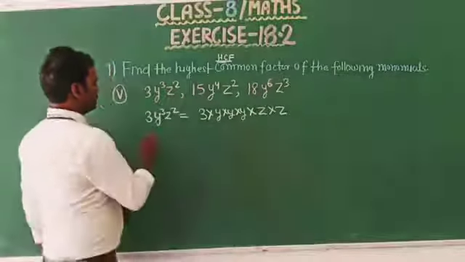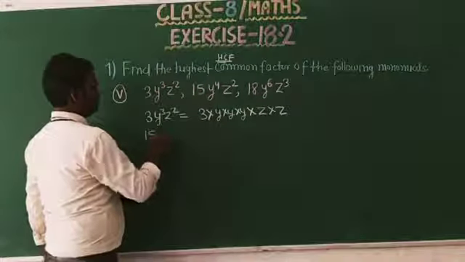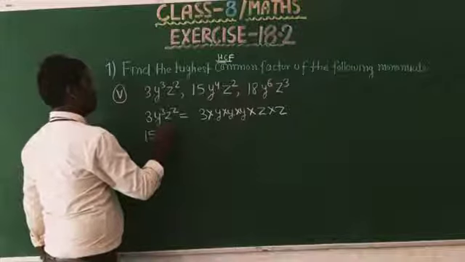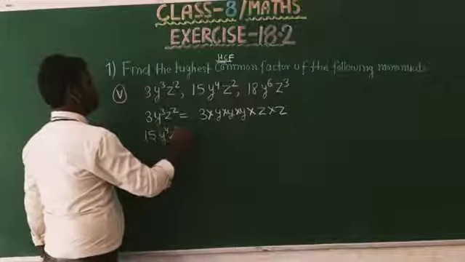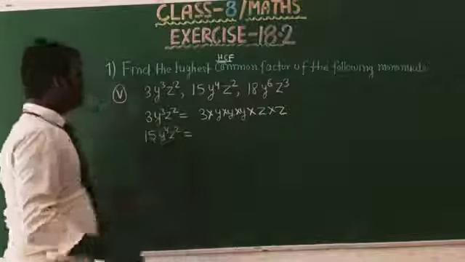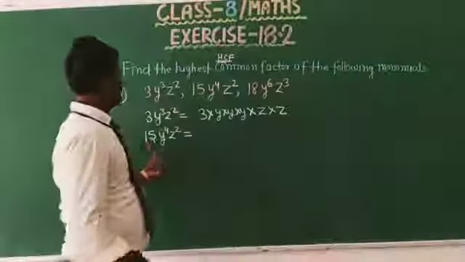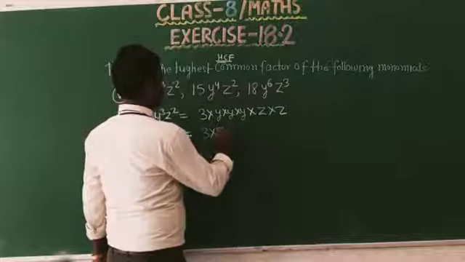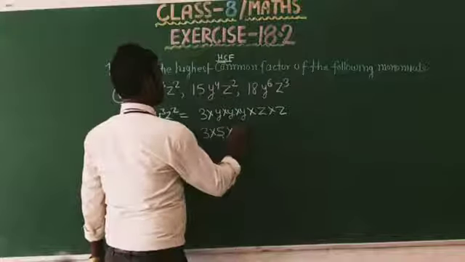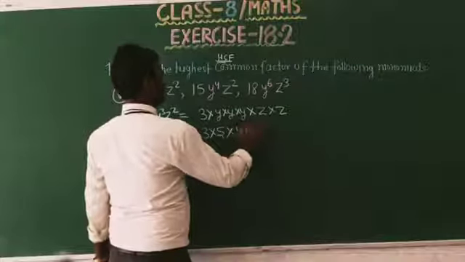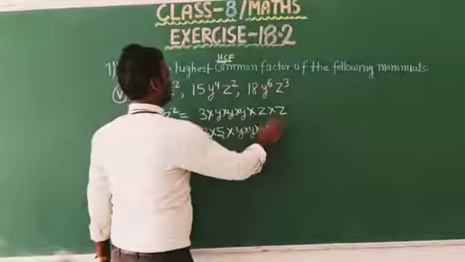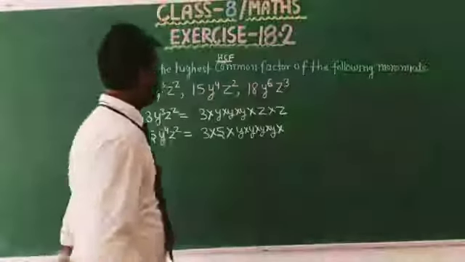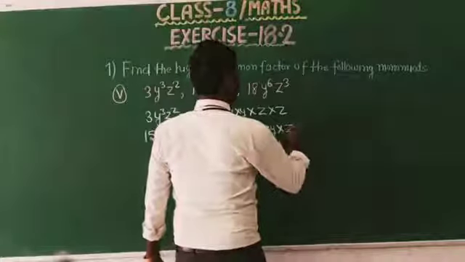Second expression, 15 y to the power 4 z square, is written as the product of 3 into 5, 4 times y, meaning y into y, and the product of z 2 times, z into z.